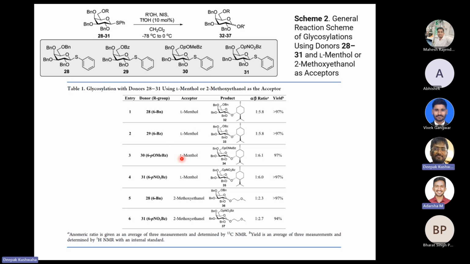But if you see entries 1 and 5, with the same protecting group and just a different acceptor, there is a substantial difference in selectivity. That is definitely because of the acceptor; menthol will probably be less nucleophilic than 2-methoxyethanol.